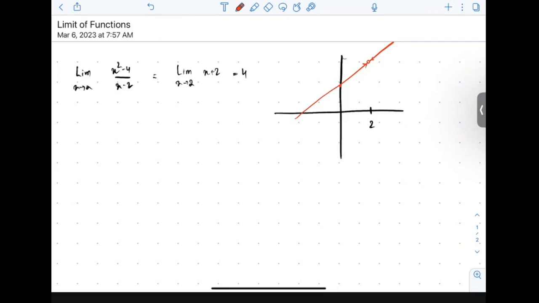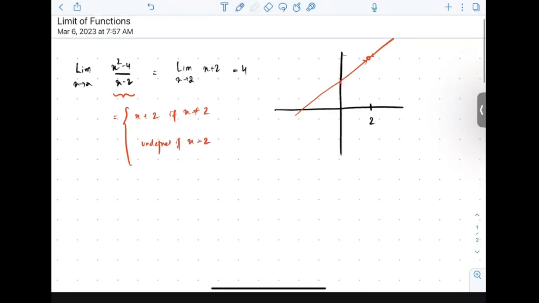So how do we define that it's going towards 4 but not taking the value 4, since x equal to 2 is not defined? This function is nothing but x plus 2 if x not equal to 2, and undefined if x is equal to 2. So the question is: even if the function is not defined at this point, how do we make sense of the limit?